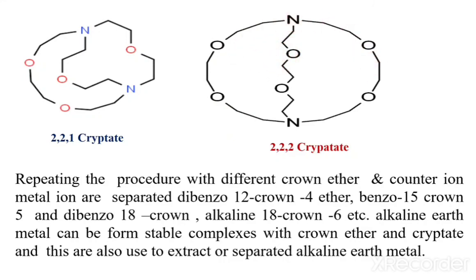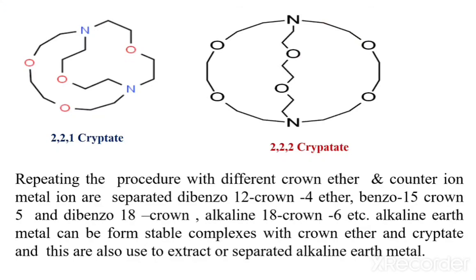Okay, and here the procedure is repeated with different crown ethers and counterions. Metal ions are separated using dibenzo-12-crown-4 ether, benzo-15-crown-5, and dibenzo-18-crown-6 ether.